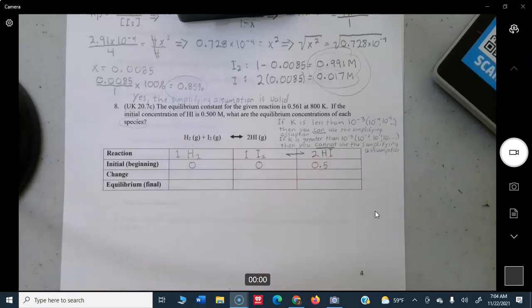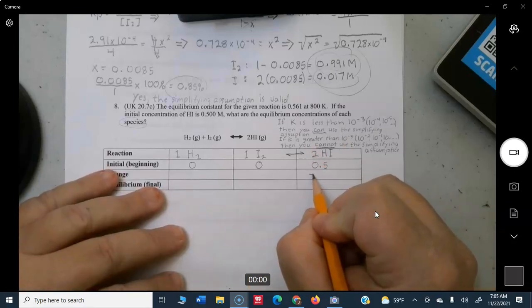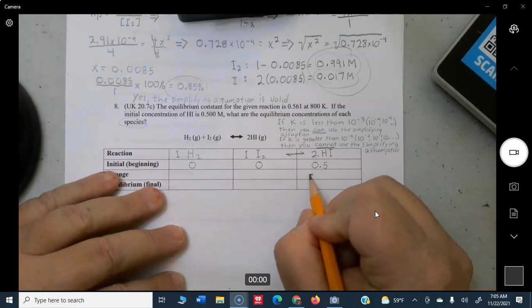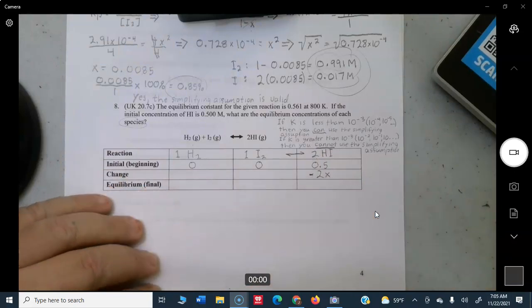You're going to assume it's 0 since they don't give you any. So what we see is the only species that we have in the container is the HI, so that's got to be decreasing. It has a coefficient of 2, so it's going to be decreasing, negative, with a coefficient of 2, and then the change variable x.